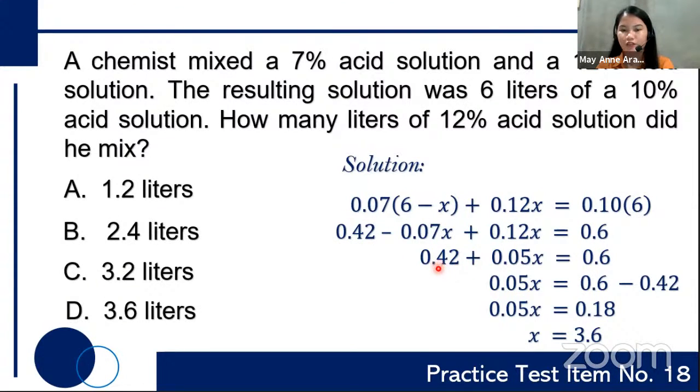Then, 0.42 plus 0.05x equals 0.6. And just divide by 0.18. So, you have 3.6 liters. So, that is the answer, 3.6 liters.